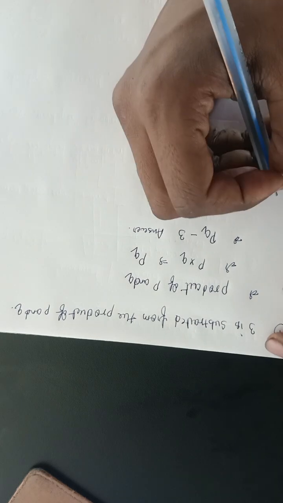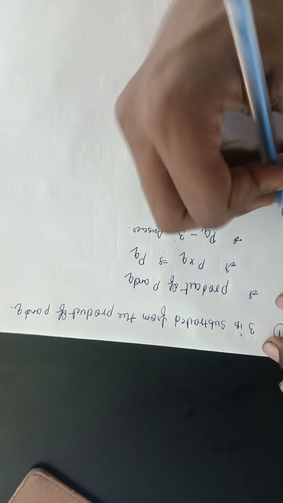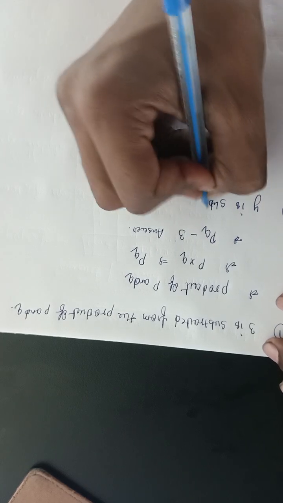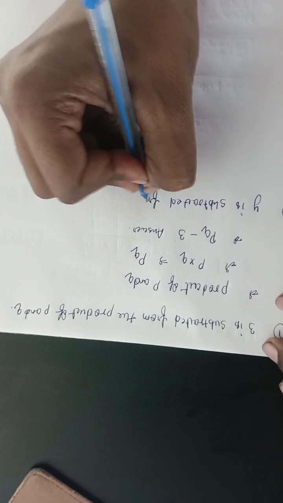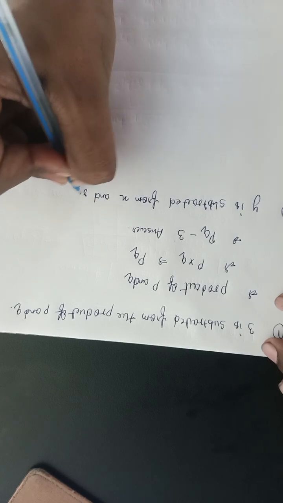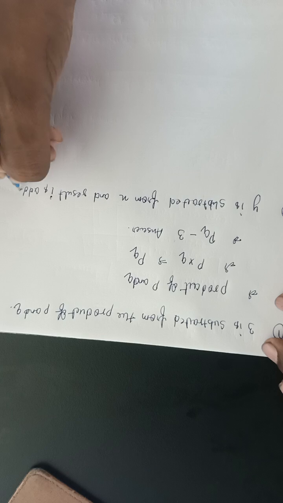Okay, now next, y is subtracted from x and the result is added to z. Second is saying y is subtracted from x and the result is added to z.